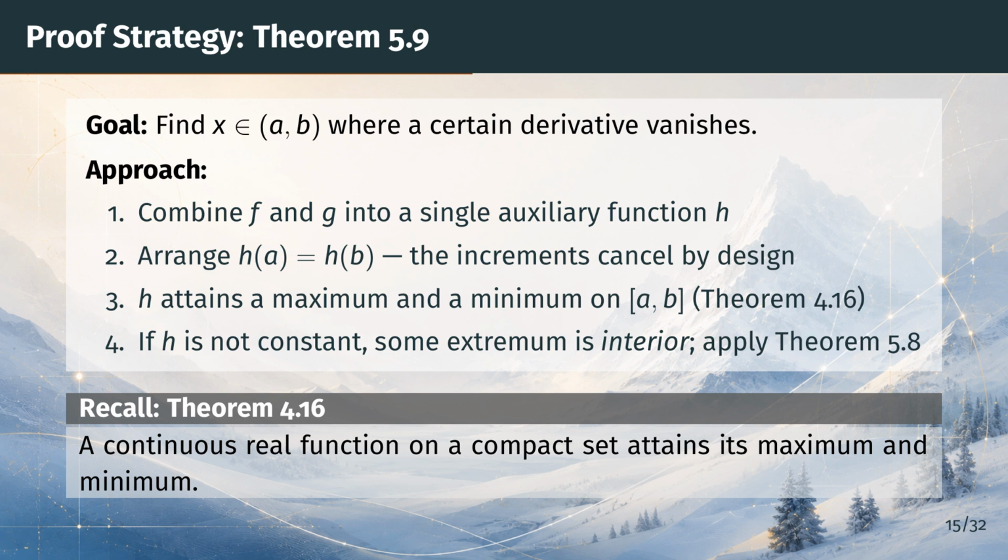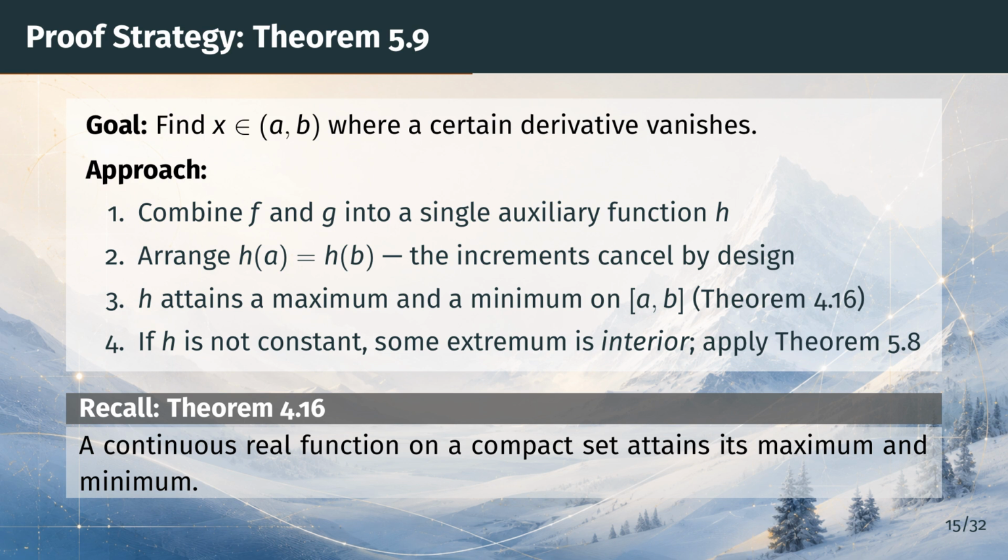Then we bring in theorem 4.16 from chapter 4, shown in the gray box. A continuous function on a compact set, such as a closed bounded interval, attains a maximum and a minimum. If h is not constant, at least one of these extrema must occur strictly inside the interval, and theorem 5.8 forces the derivative of h to vanish there.